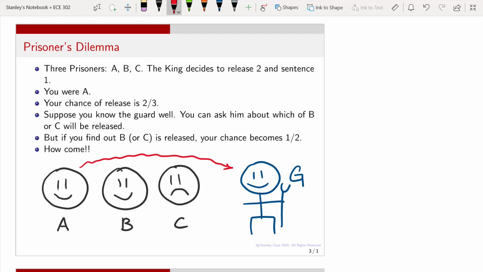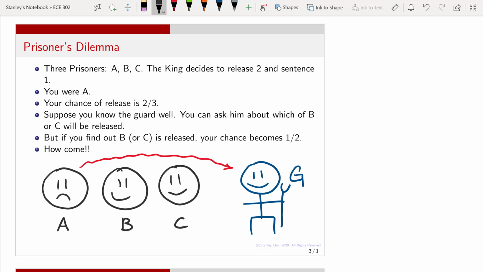Let's see. If the situation is that you are a happy face and C is the unhappy face, then he is going to tell you B will be released. Or if you are the unlucky person and B and C are the happy people, he is going to tell you maybe C will be released. So no matter what the situation is, he will tell you one.